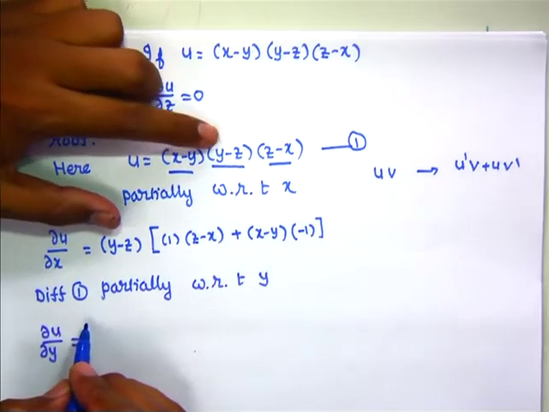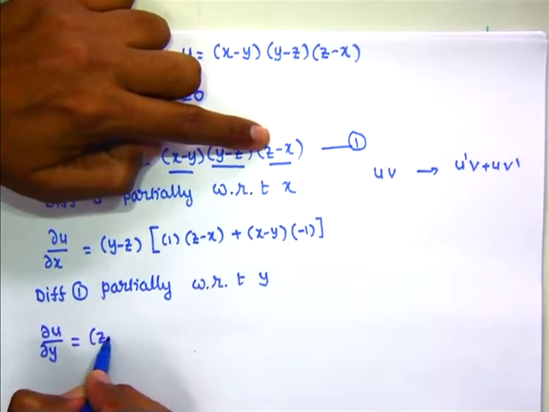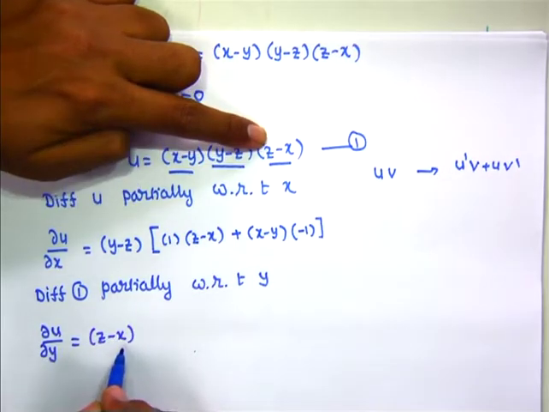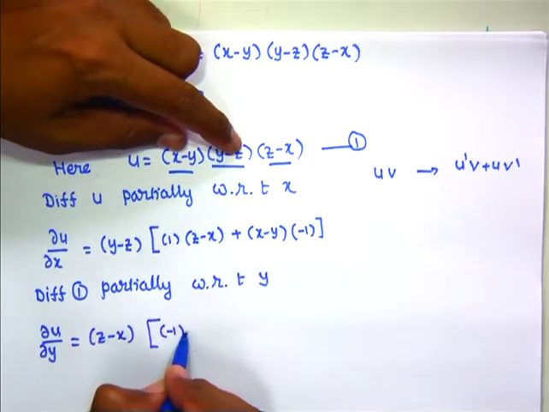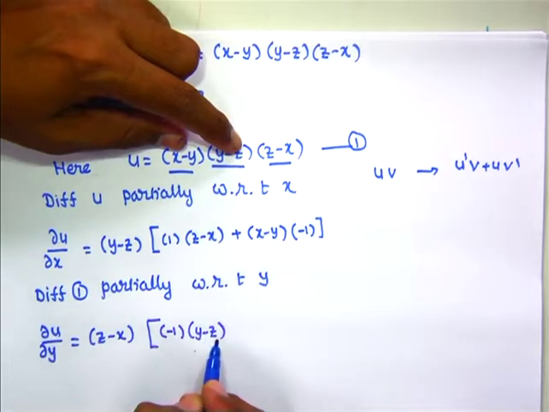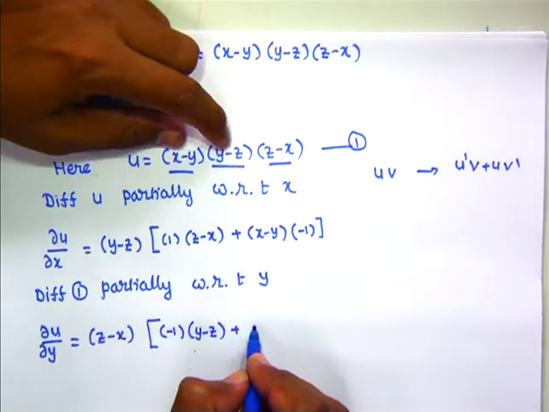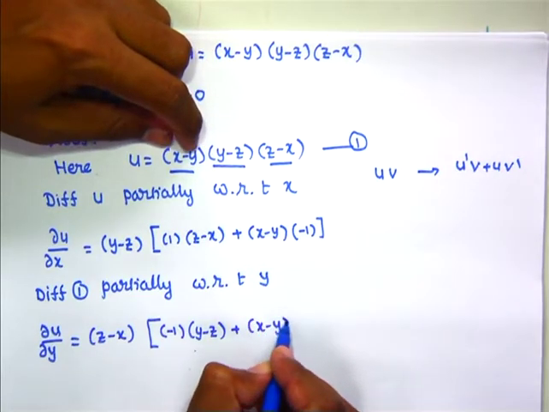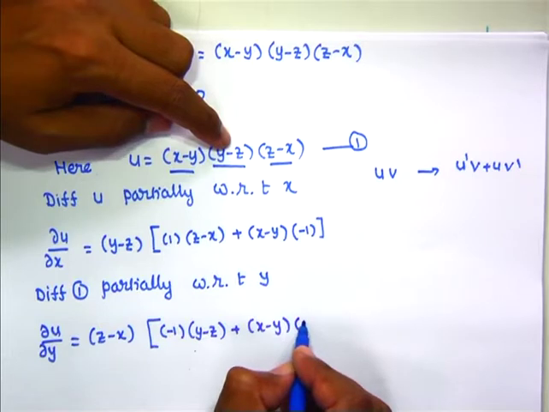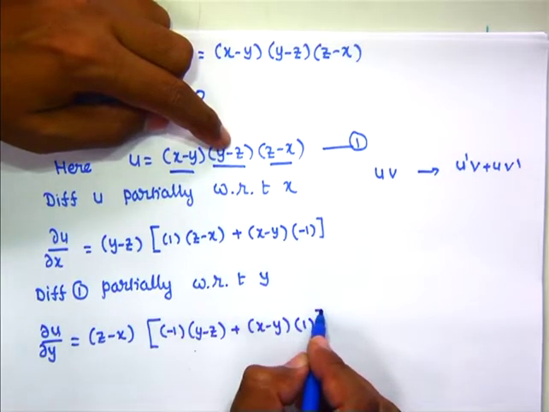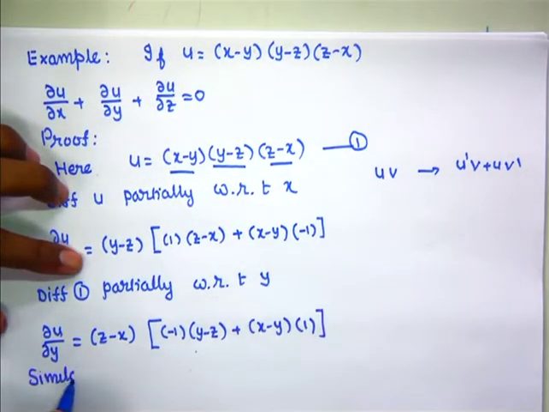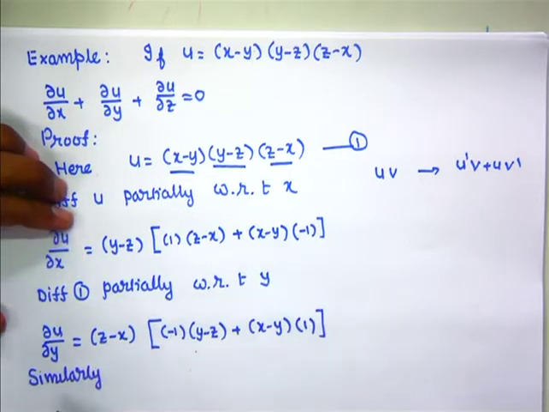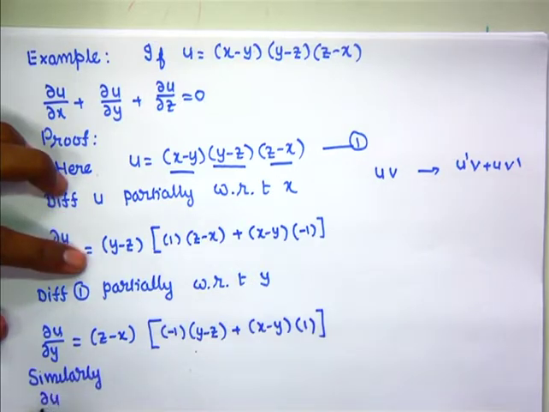Here z minus x is constant when we are differentiating with respect to y, so the derivative of x minus y is minus 1, y minus z is as it is, plus x minus y as it is, and the derivative of y minus z with respect to y is 1, so we get this. Similarly, we can find del u by del z.